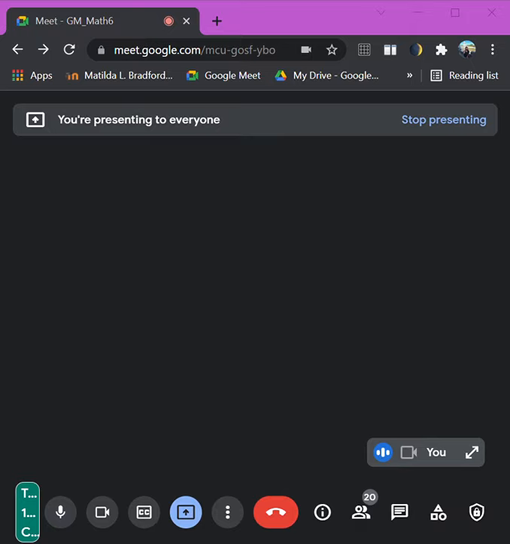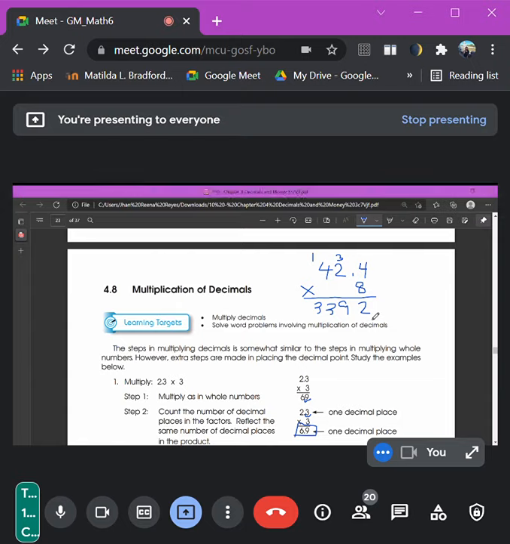And then 8 times 2, 16. 16 plus 3, 19. Carry 1. 8 times 4, 32 again, plus 1, 33. Is this our final answer? No. How many decimal point or how many decimal places makita nato sa tong given? 2? Okay, 1. Ari jud ka magtan-aw, class.